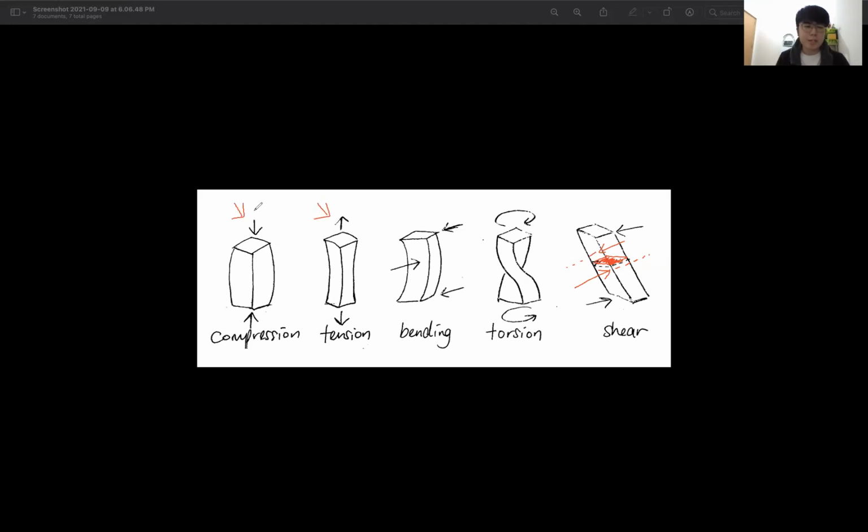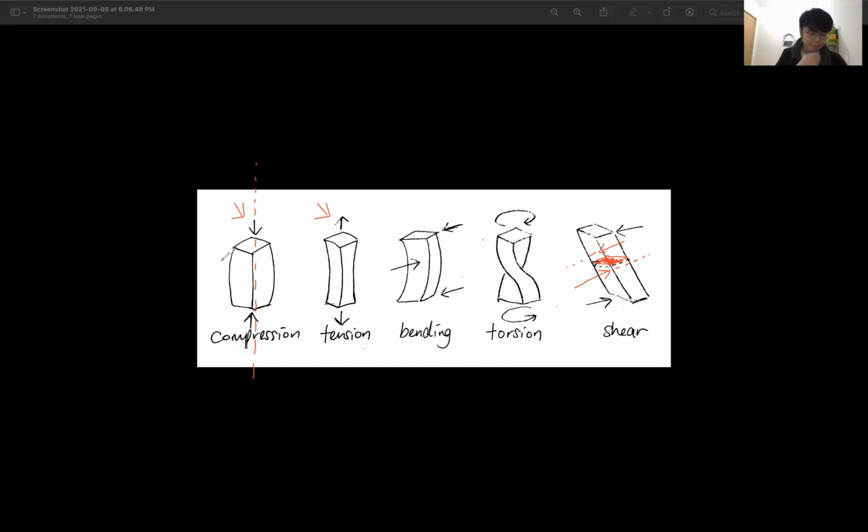With compression and tension we only need to deal with one dimension. The two forces are in one line. Pull and push are one-dimensional forces. Shear and bending are two-dimensional. So we only look at compression and tension.